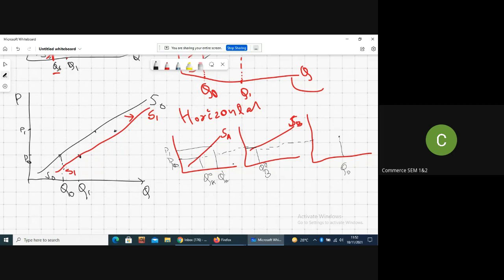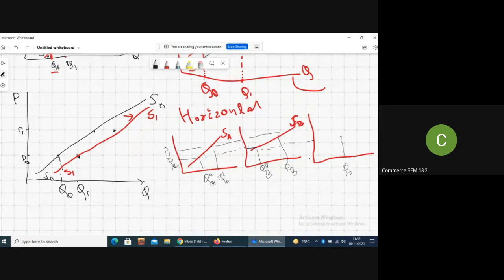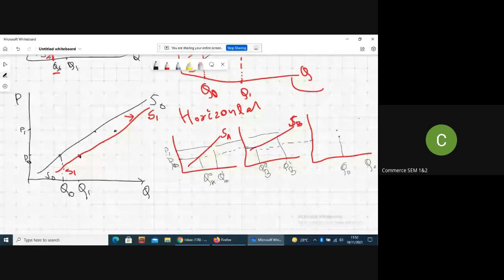At the same P1 price, say this is Q1B. If you add Q1A plus Q1B, say this is Q1, where Q1 is equal to Q1A plus Q1B. So we are getting these two points.